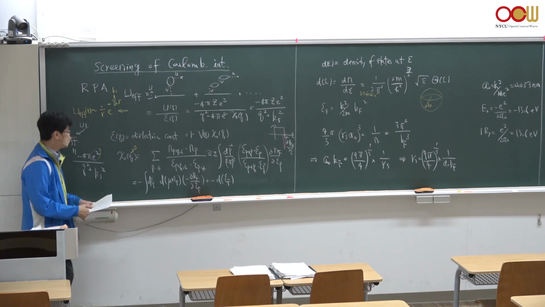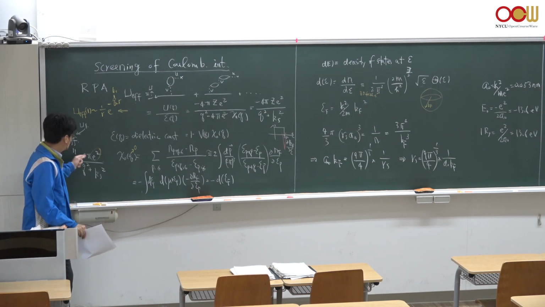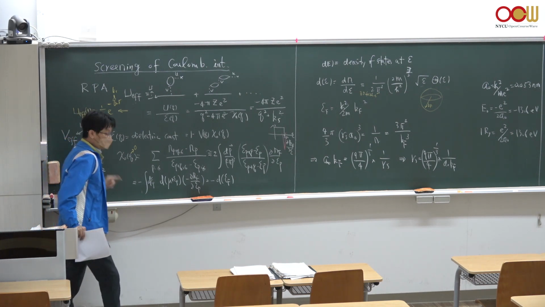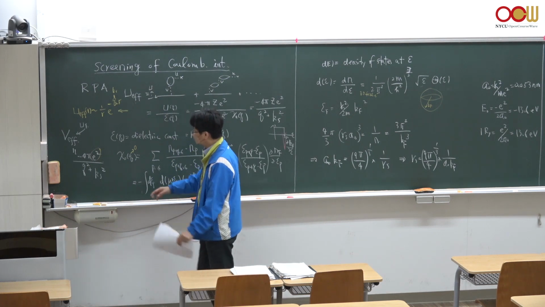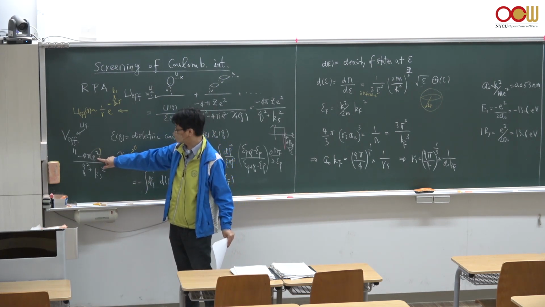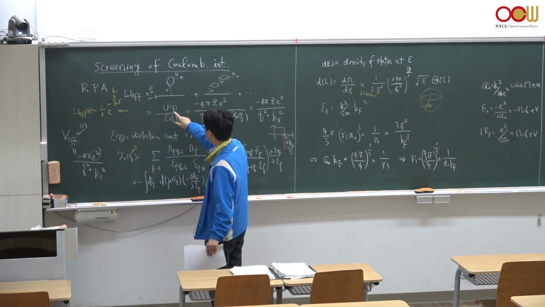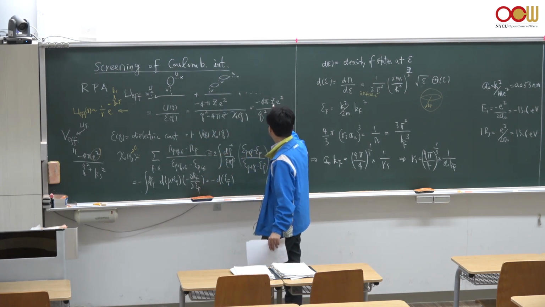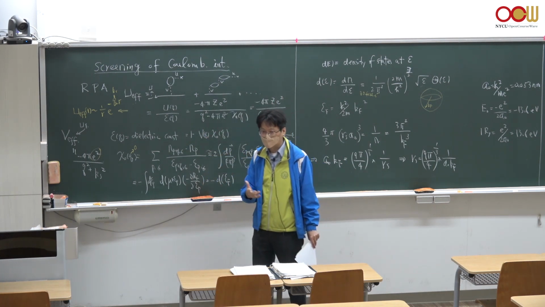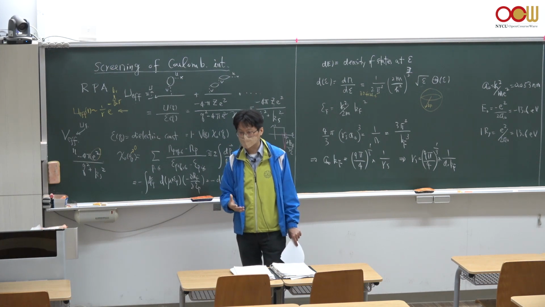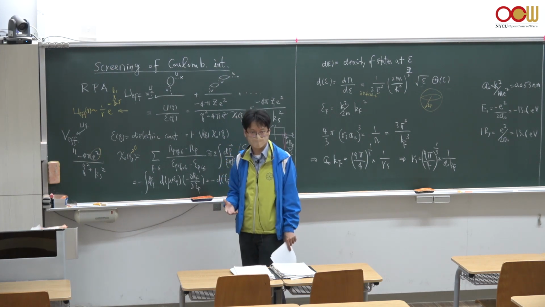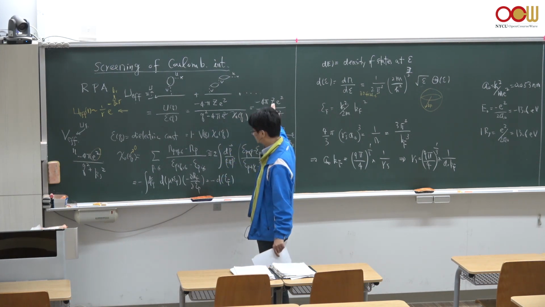So the only difference here is that for V effective, in the numerator we have this electron charge e squared, but in the U effective there's a Z here because this depends on the amount of test charge, delta rho, remember.